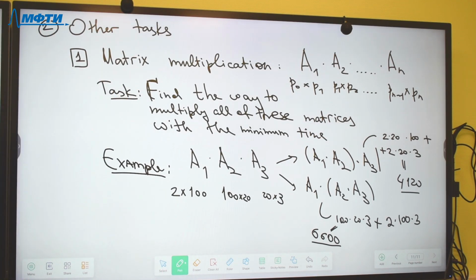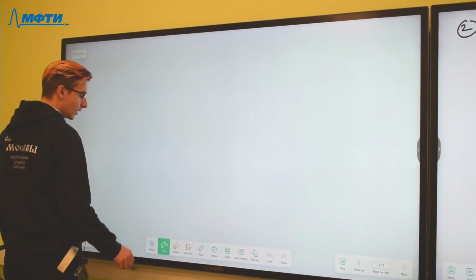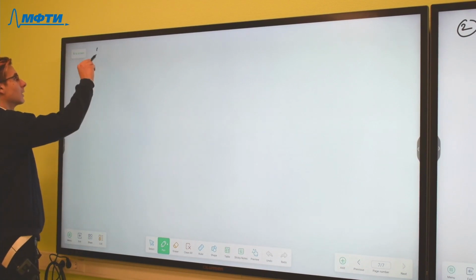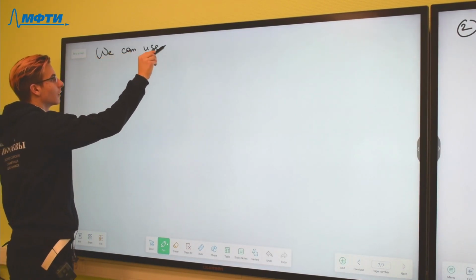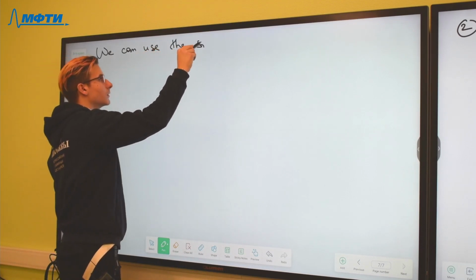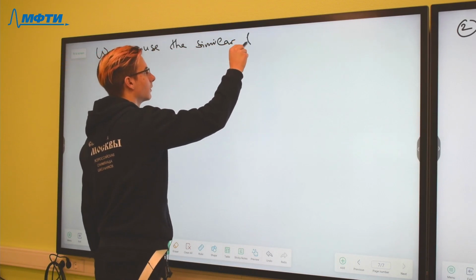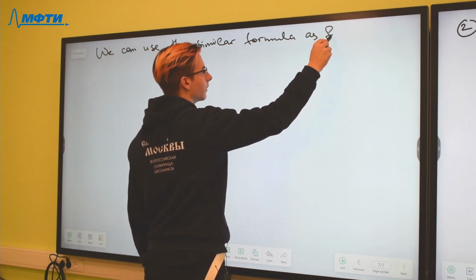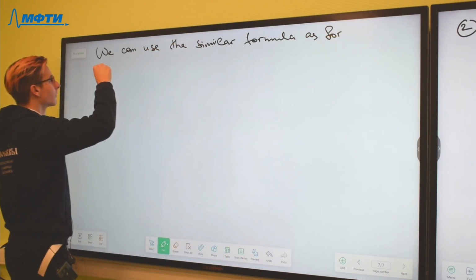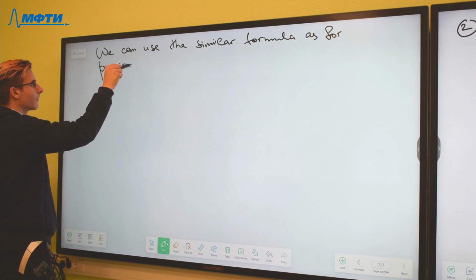So it's interesting that to find the answer, we can use a similar formula as for the previous task.